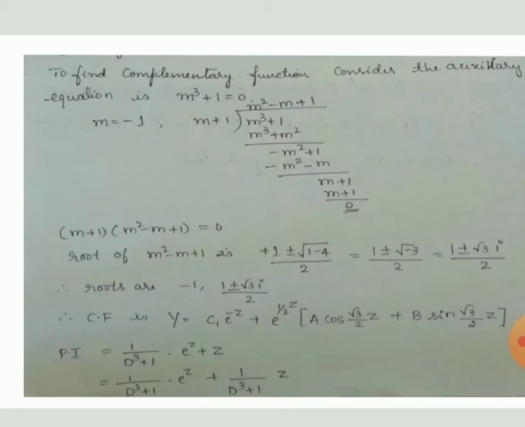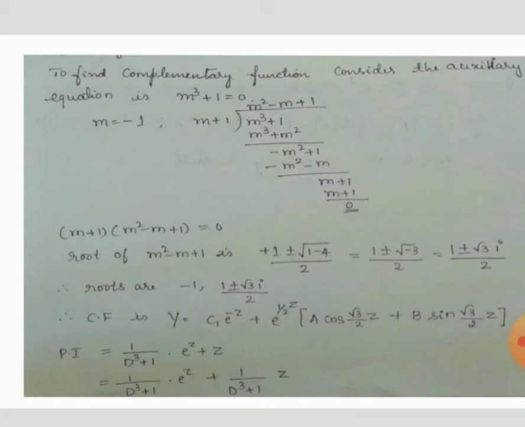So m³ + 1 can be written as (m + 1)(m² − m + 1) = 0. The roots of the second term m² − m + 1 are (1 ± √3 i)/2. Therefore the roots of m³ + 1 = 0 are −1 and (1 ± √3 i)/2.